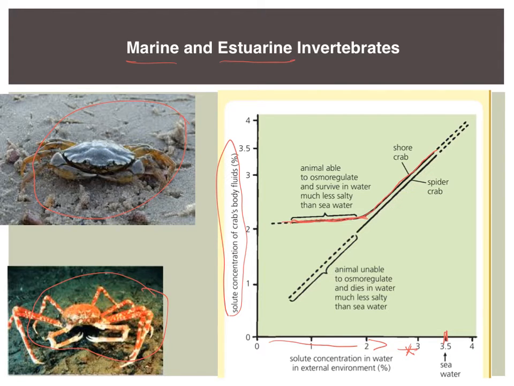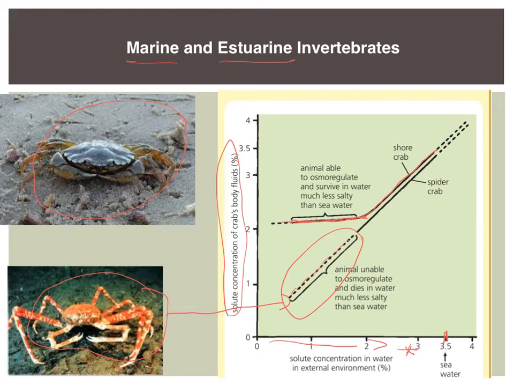In the case though of our spider crab here, a spider crab is an absolute conformer, and it conforms to the environment. In this case here, you'll see the animal is unable to osmoregulate. And here, in actual fact, what happens is that when they're in water that is much less salty than seawater, the animal will die.